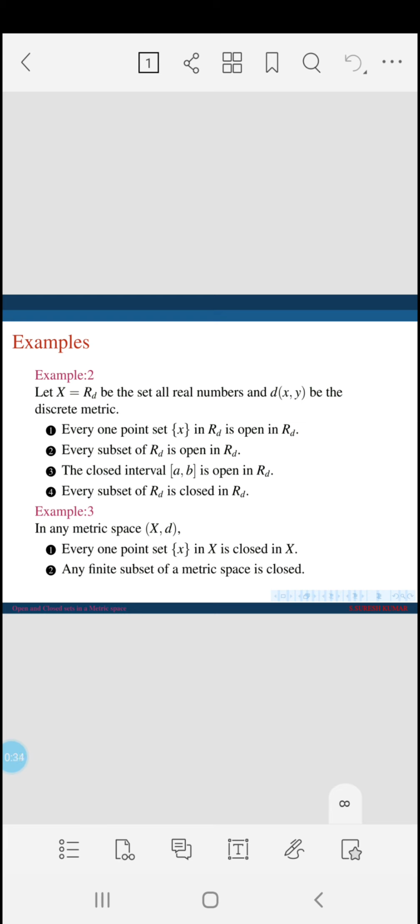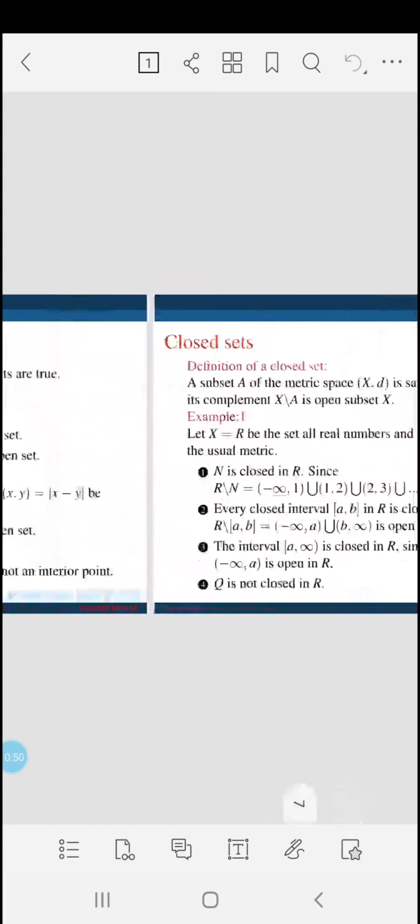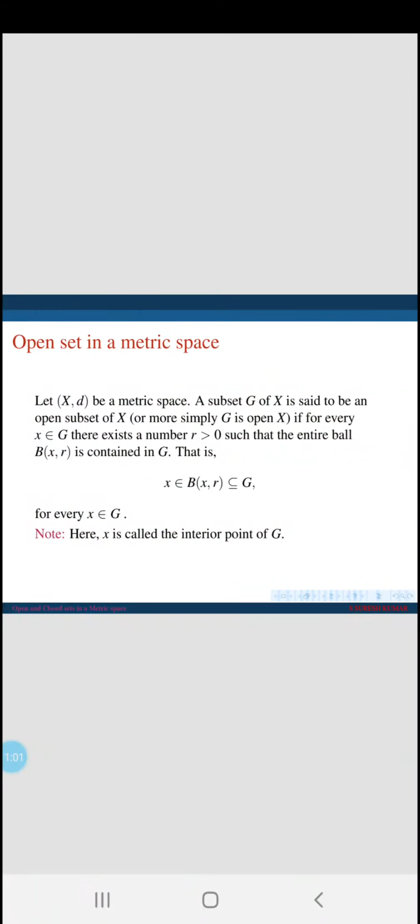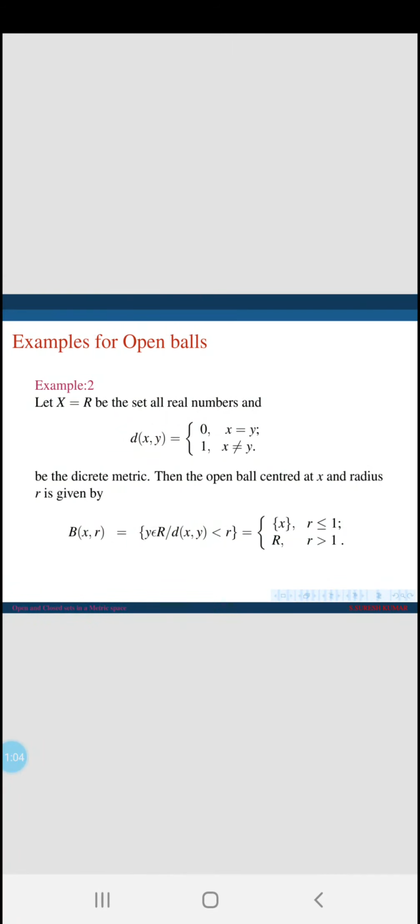Examples. Here, let us consider X to be the set of all real numbers with a discrete metric. In this case, by our second result, every open ball is itself an open set, which implies, from this result, B(x, r) is equal to the singleton {x} when r is less than or equal to 1.